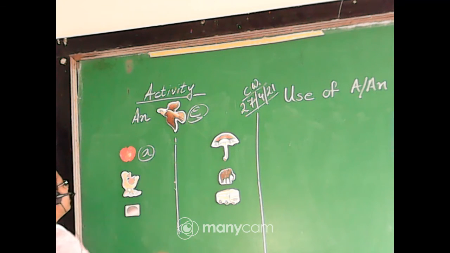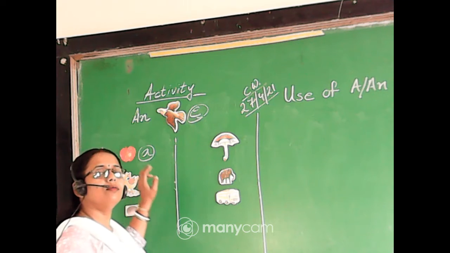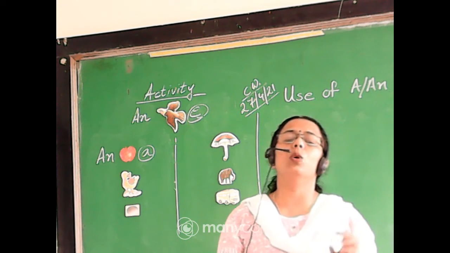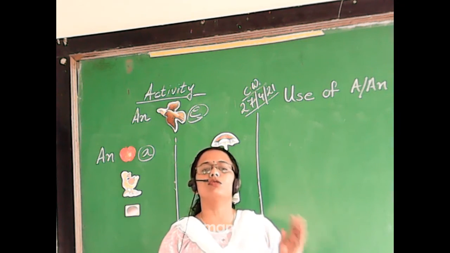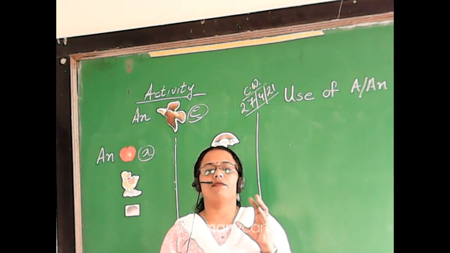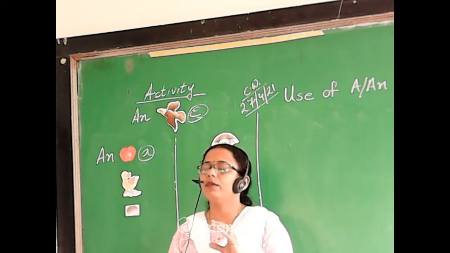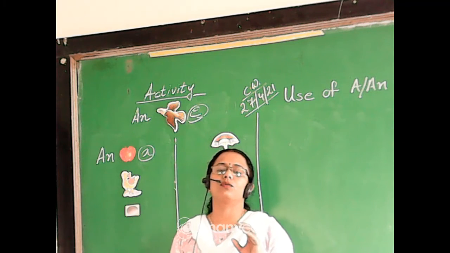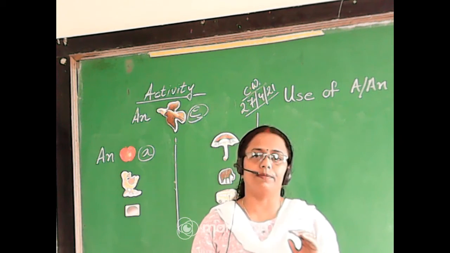So an apple. There are words which start with a vowel, A, E, I, O, U, and words which start with a consonant. These two differences we have to understand. The words which start with A, E, I, O, U, we will write an before them, and the words which start with a consonant, we will write a before them.